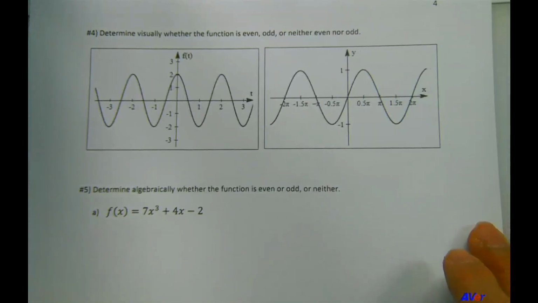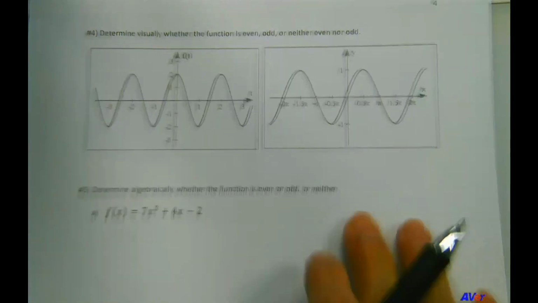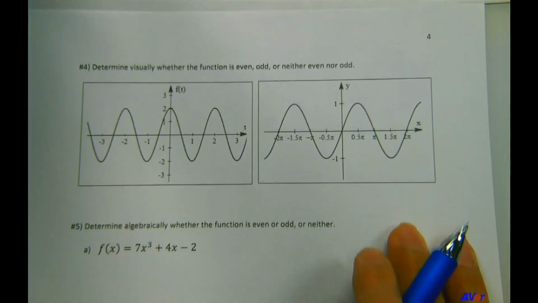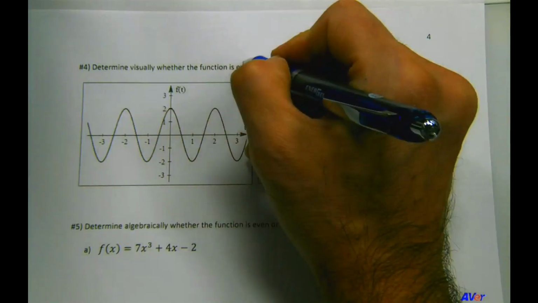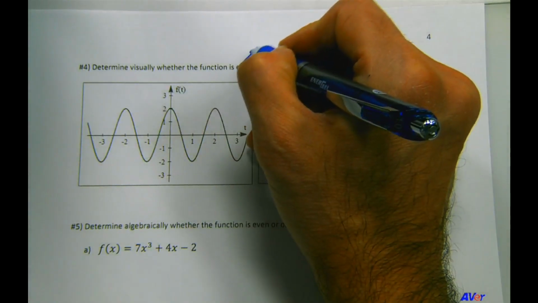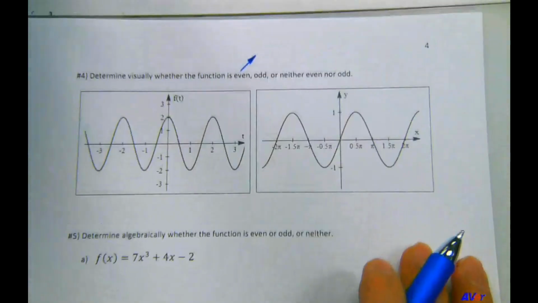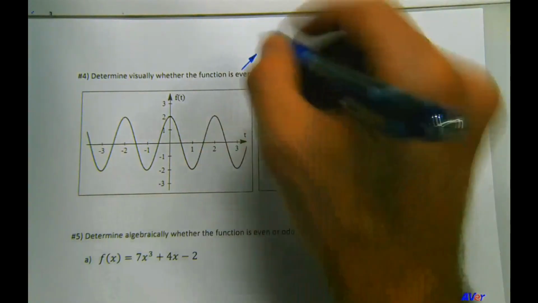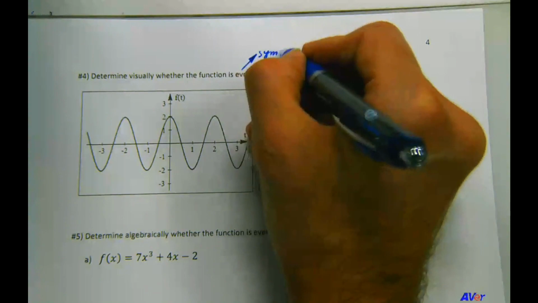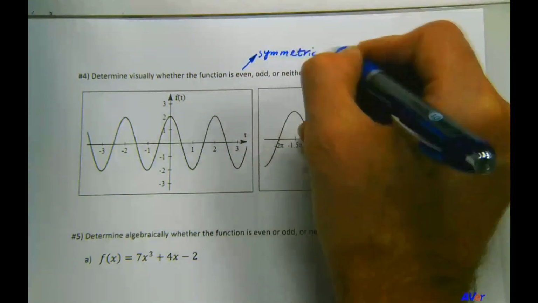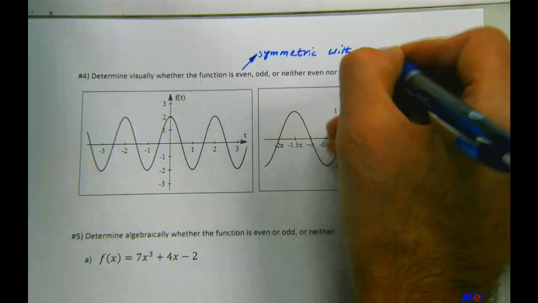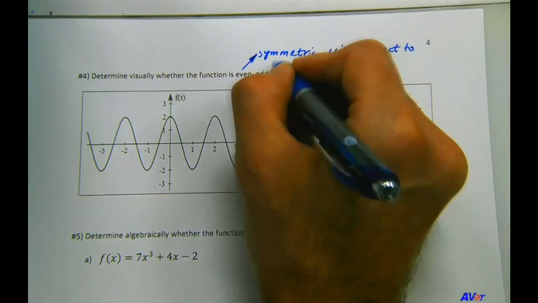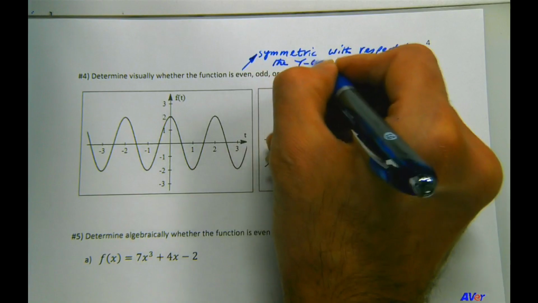Okay, so here it says determine visually whether the function is even, odd, or neither even nor odd. So let's remind ourselves what an even function is, to which entity it is symmetric. Any even function is symmetric with respect to the y-axis, right?